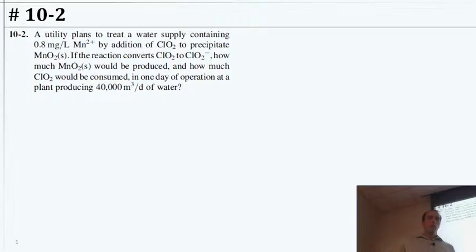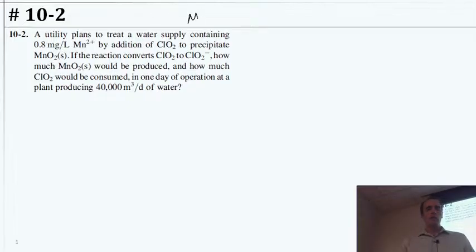If the reaction converts ClO2 to ClO2 minus, how much MnO2 solids would be produced and how much ClO2 would be consumed in 1 day of operation if the plant was producing 40,000 cubic meters per day of water. Okay, so we have some parameters, and we're going to need a reaction overall.